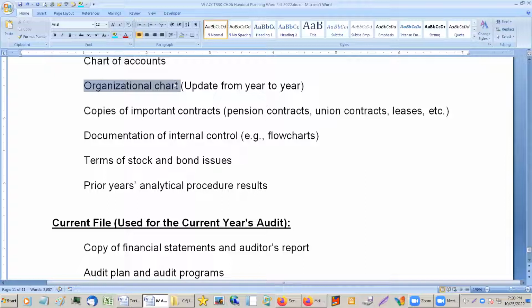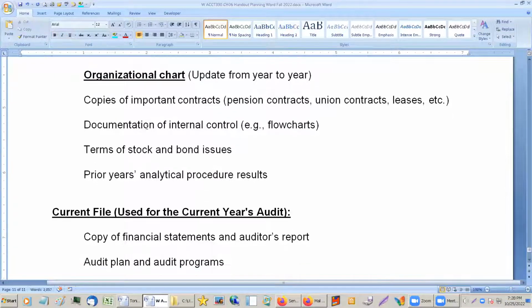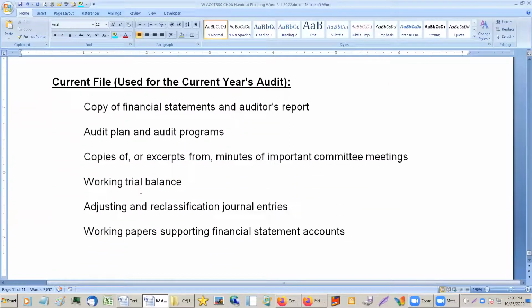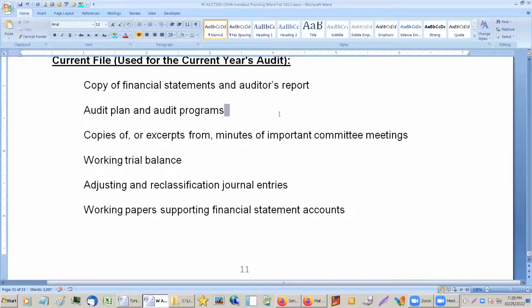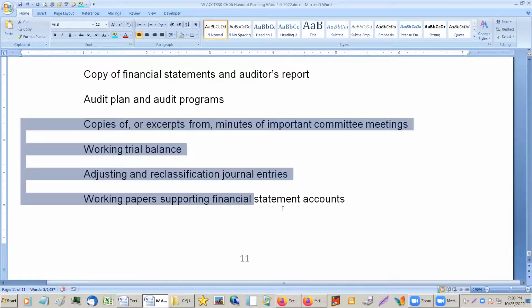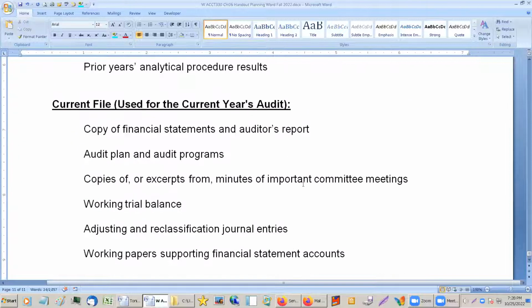But the organizational chart itself will be in your permanent records. The current file is only useful in the current year. So for financial statements, they're only going to issue the 2022 financial statements once. So those kinds of things that are for just a single year will be down here. I think that's it.